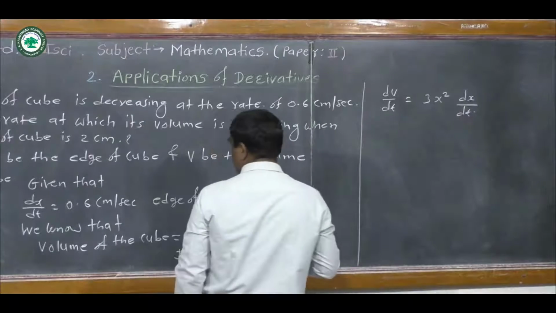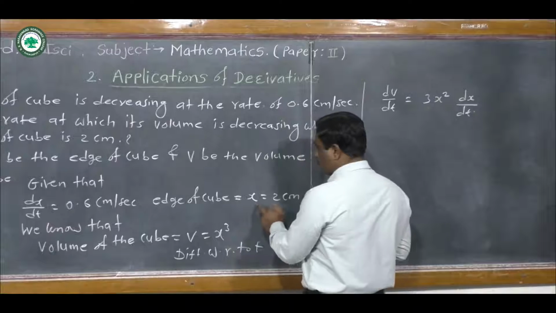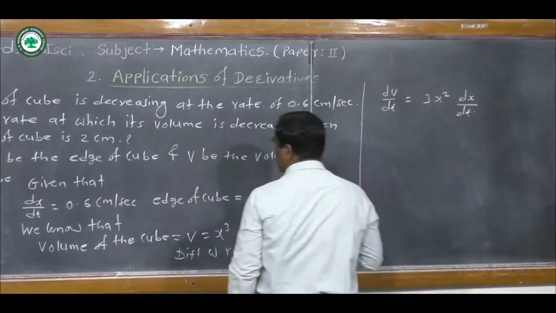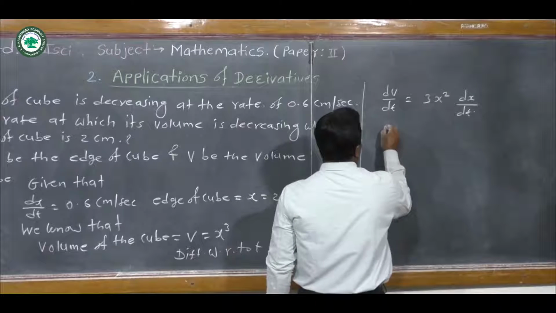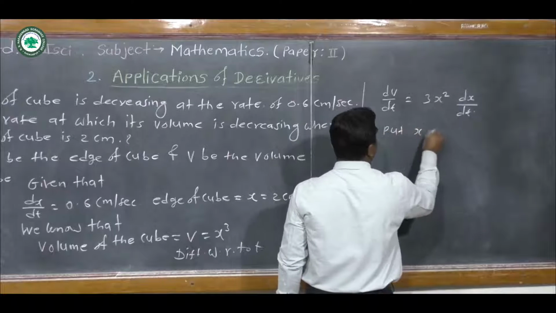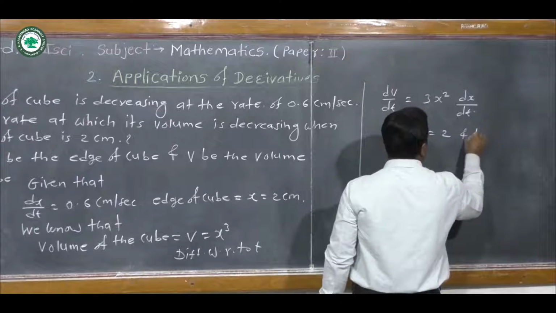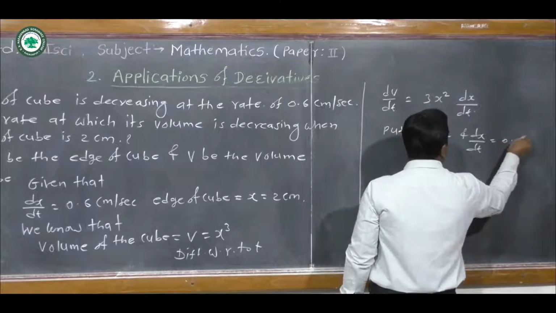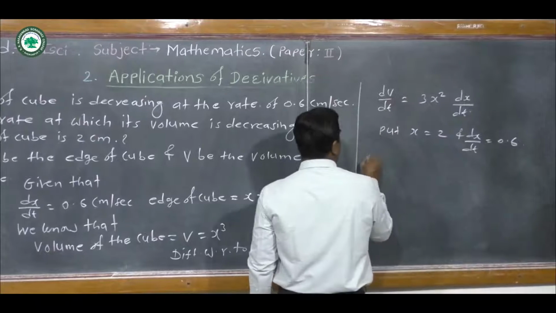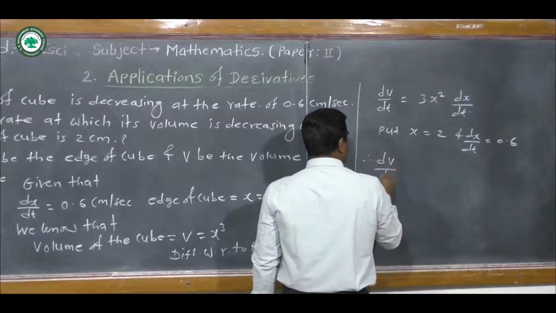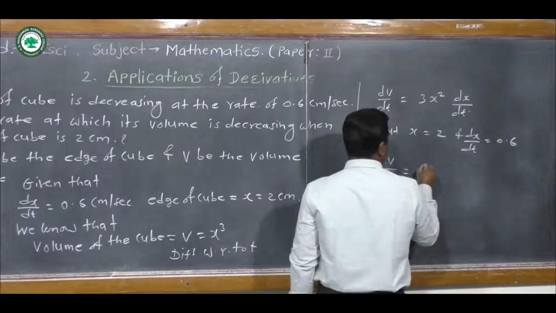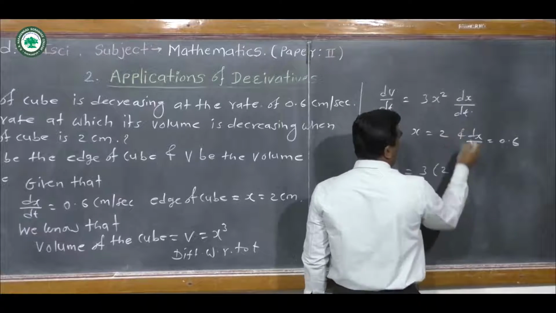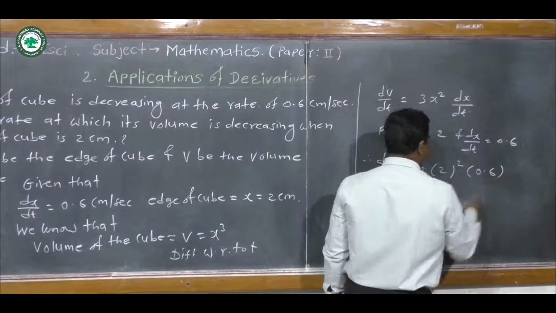Now put the values: x is equal to 2 centimeters and dx by dt is equal to 0.6 centimeter per second. Therefore, dV by dt is equal to 3 into 2 squared into the value of dx by dt, 0.6.